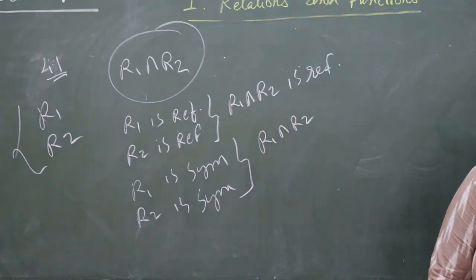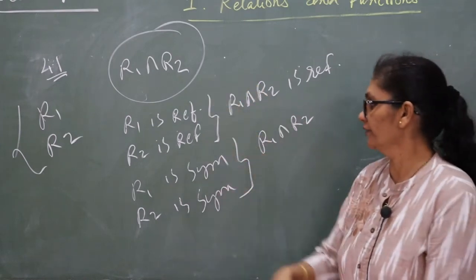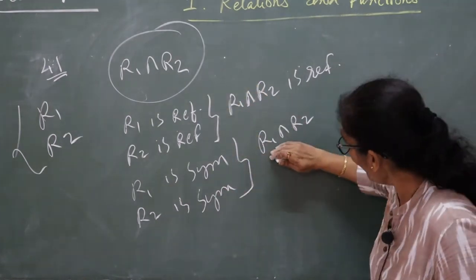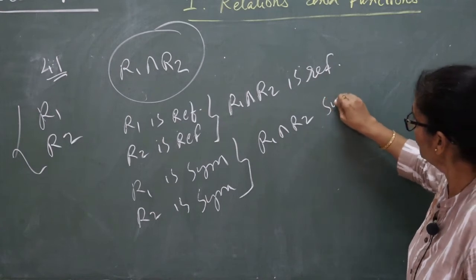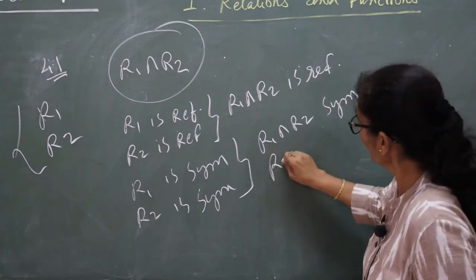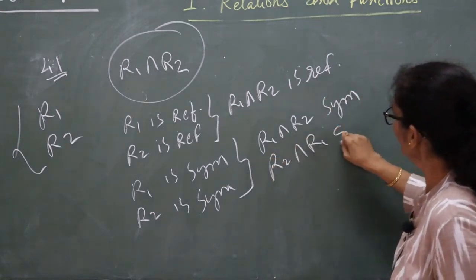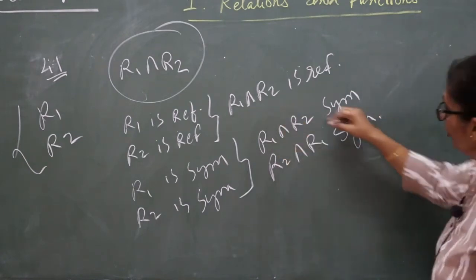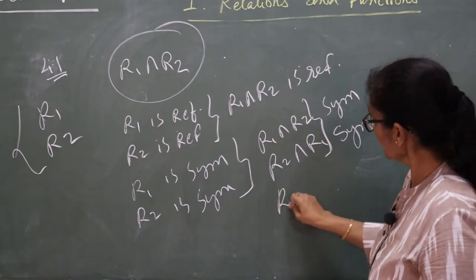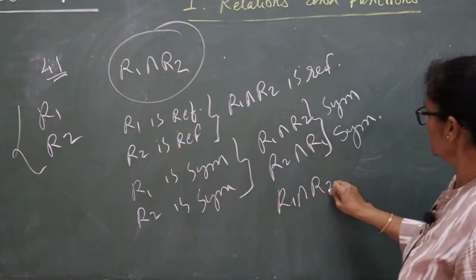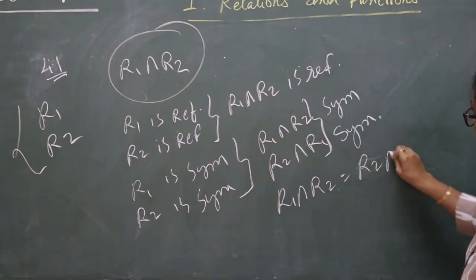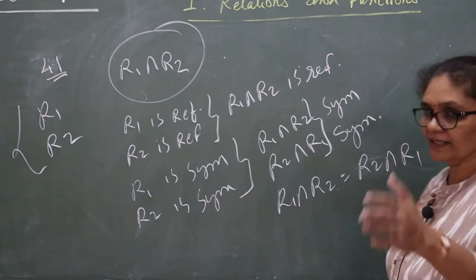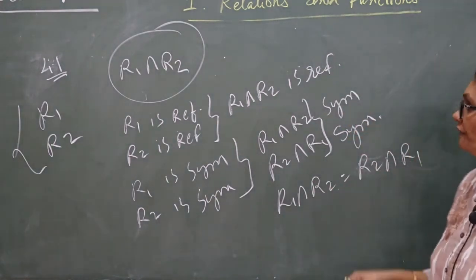But we have to go on one more track. If R1 intersection R2 is symmetric, then R2 intersection R1 is also symmetric. That is the thing about symmetric, or you can say if both are the same, then only you can say it is symmetric.